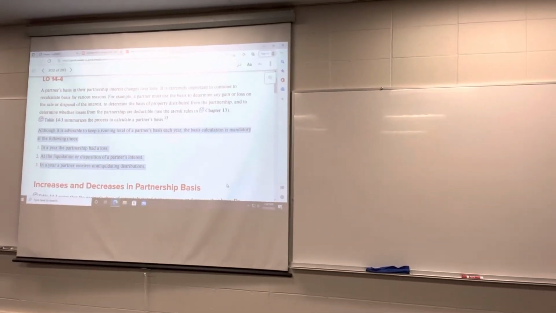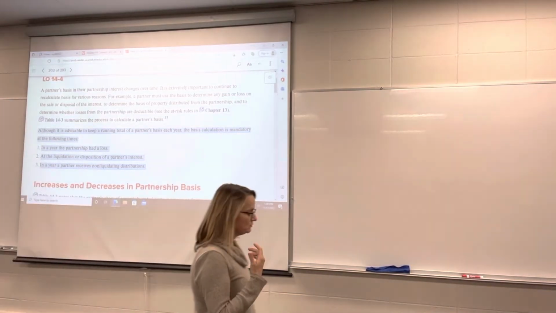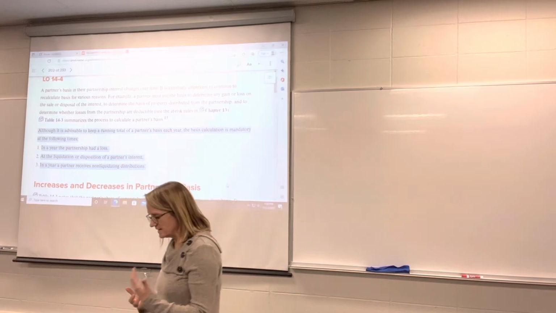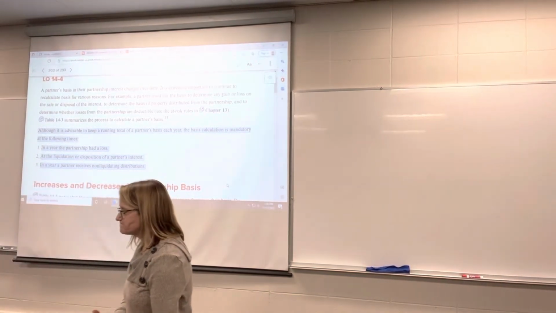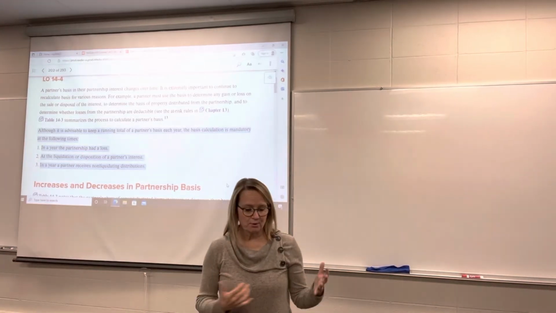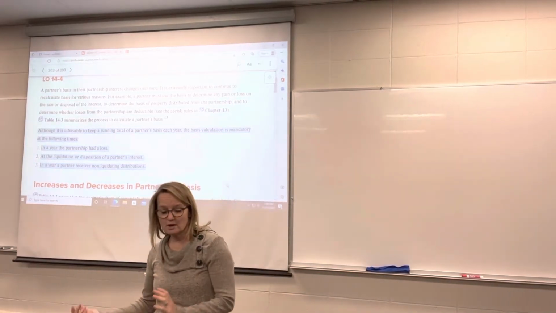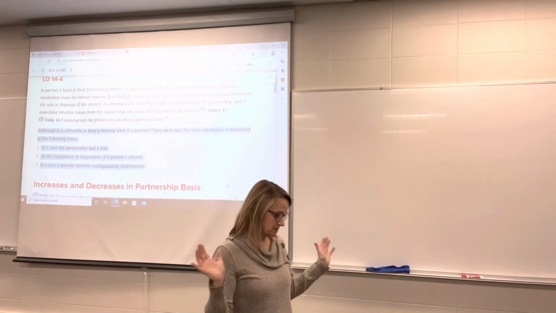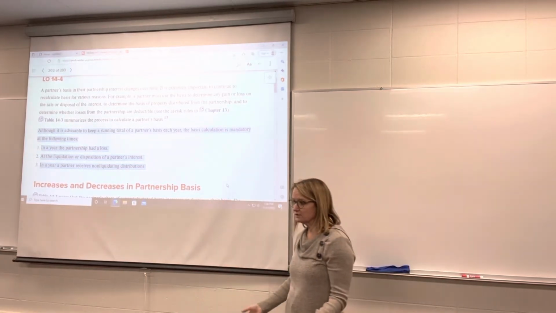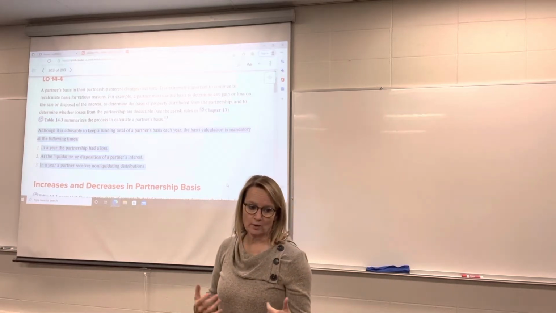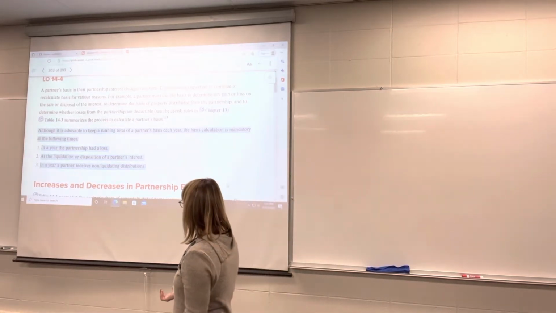Partnership basis and how it's calculated. It's one of those things that really needs to be maintained almost on a day-to-day basis. Because if any partner leaves the partnership, exits, or decides to sell their partnership share either back to the partnership or to somebody else, they need to know what their basis is in the partnership.